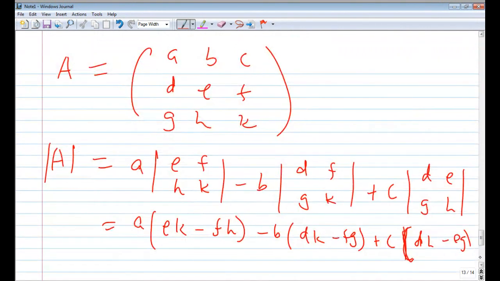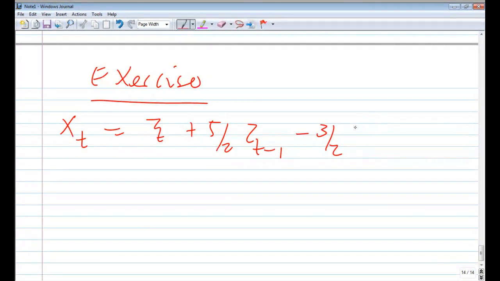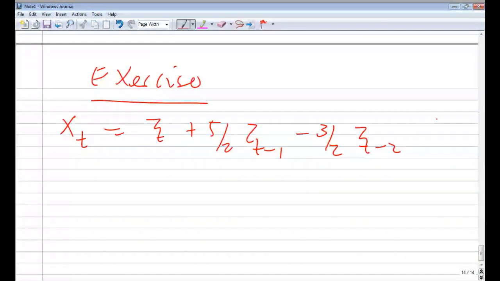So let me just give you the exercise before you go. Remember, I gave you an exercise of xt equals zt plus 5/2 zt minus 1 minus 3/2 zt minus 2. You still remember this one?